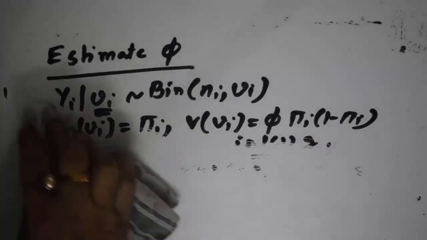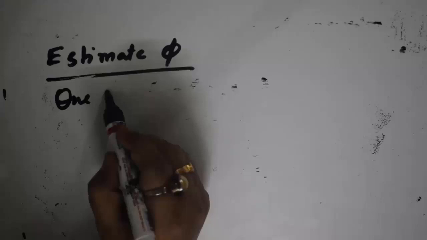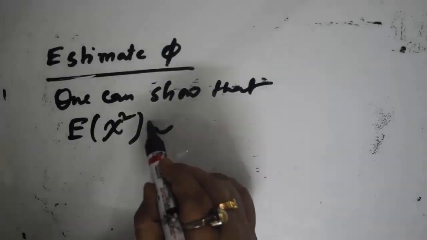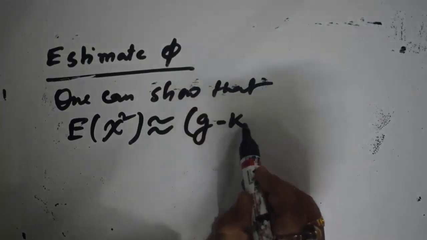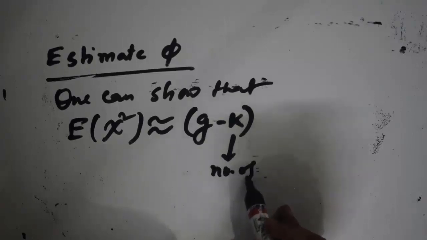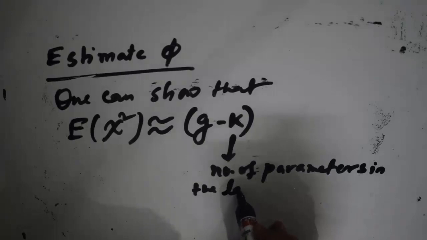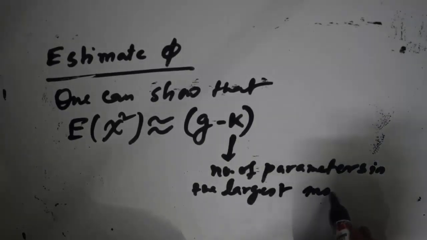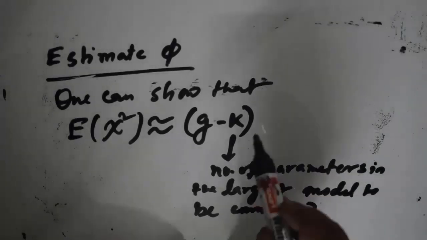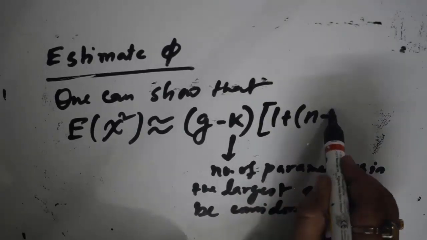So one can show that the expectation of chi square is approximately equal to G minus K, where G is the number of groups, K is the number of parameters in the largest model to be considered, into 1 plus (n minus 1) phi.